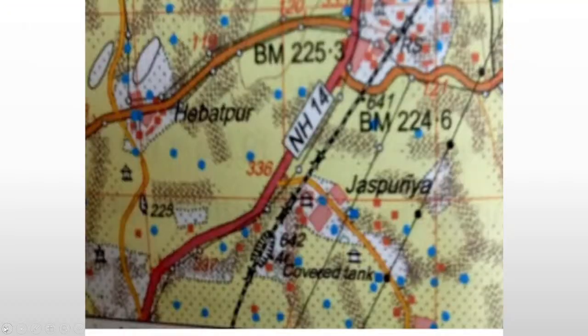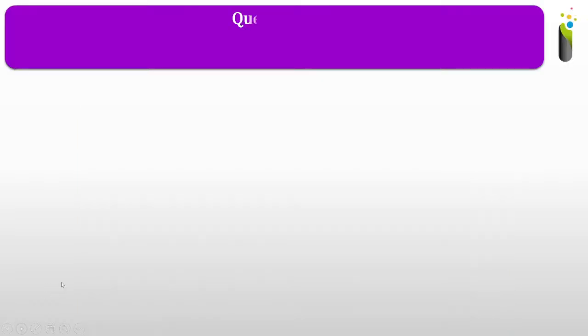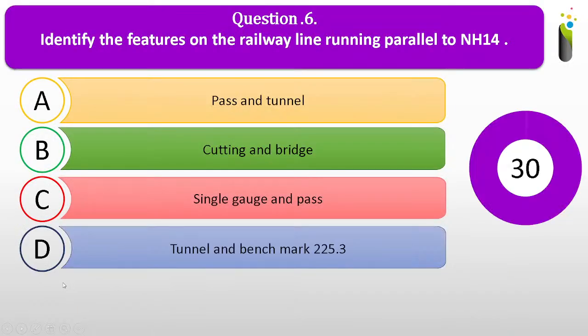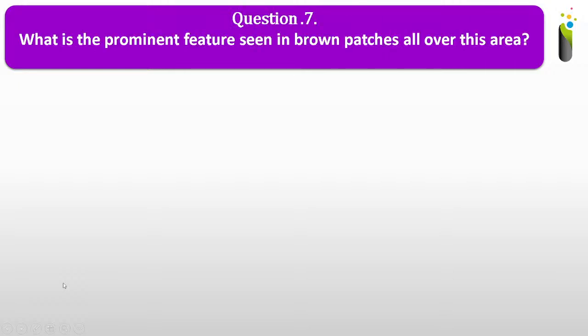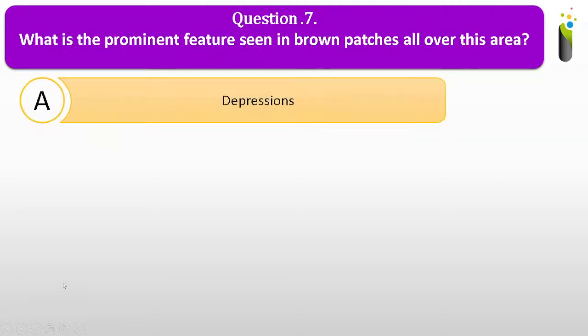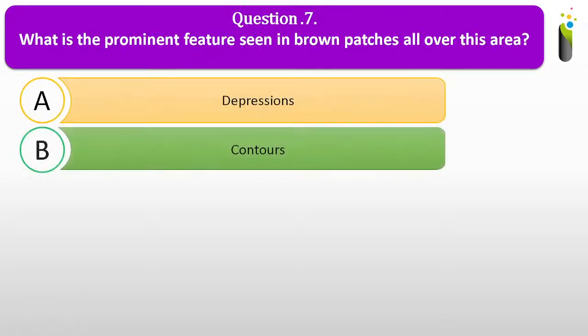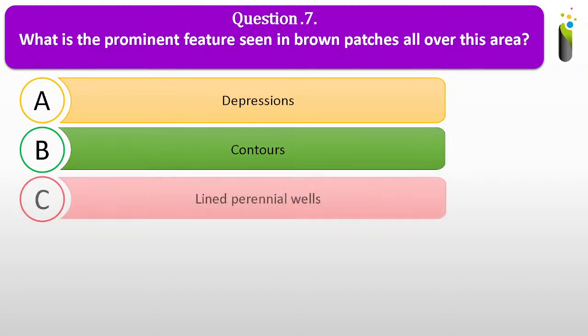This is the picture. What is the prominent feature seen in the brown patches all over this area? This is a question, and the options for this question are A. Depressions, B. Contours, C. Lined perennial wells, and D.